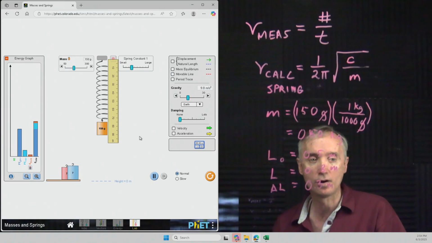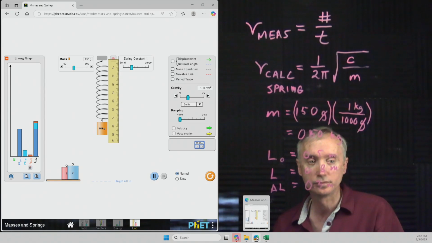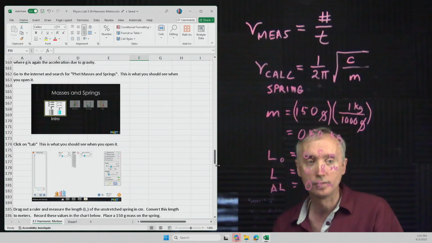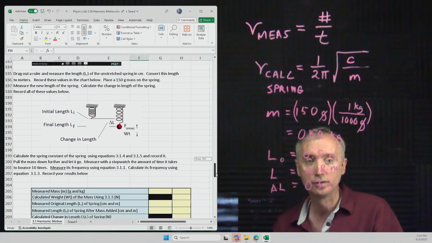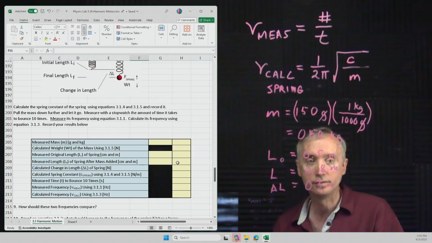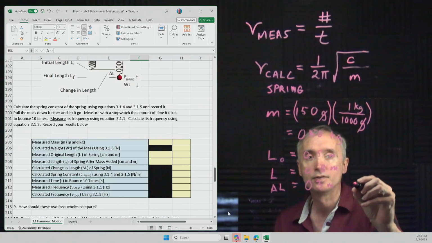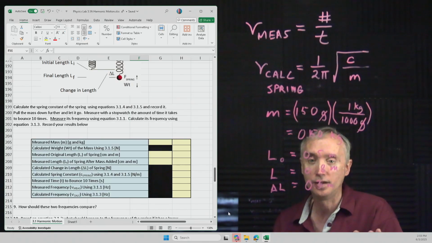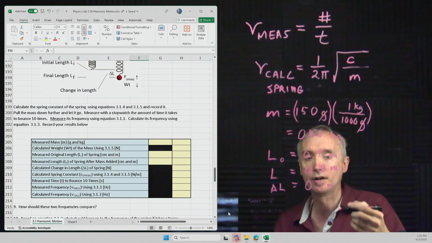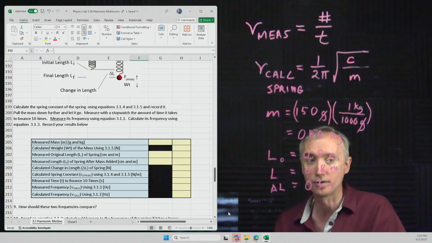Now you're going to be taking all of this information and putting it into this chart right here. So you have the measured mass, and now we haven't got this calculated weight thing. What we need to figure out is the spring constant. Later in the course, we're going to learn about the force on a spring.